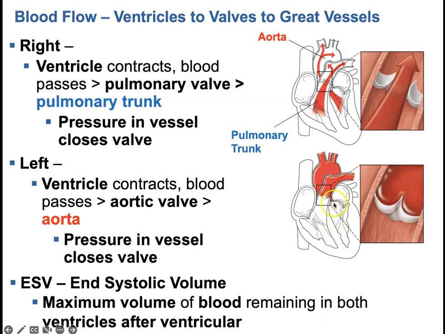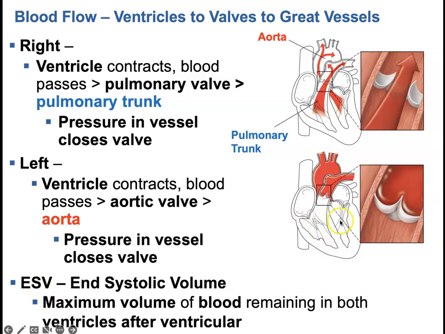So once the ventricles contract and the blood is ejected out, we get this ESV, which is called end systolic volume. And what that means is that it's the amount of blood that is left behind in the ventricles after the ventricles have contracted. So once the ventricles contract, there is always going to be a little dribble of blood that's left behind here, and that is called the ESV.